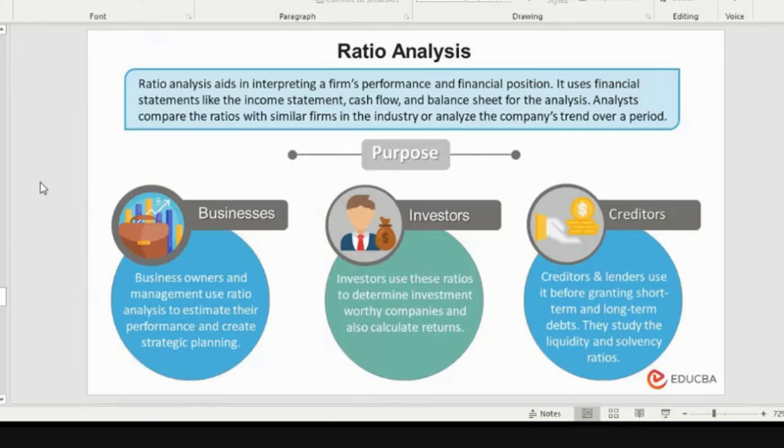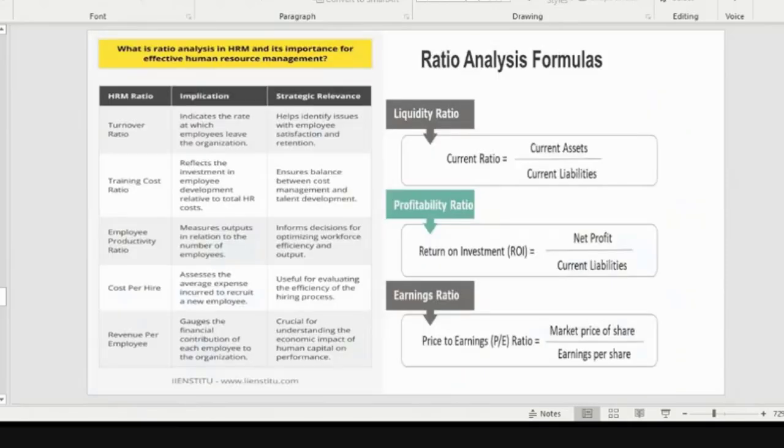They study these ratios to know the liquidity and solvency of that organization. Okay. Now, these are examples which we already talked about before: current ratio, return on investment, price to earnings. This is an example of a liquidity ratio, profitability ratio, earnings ratio.